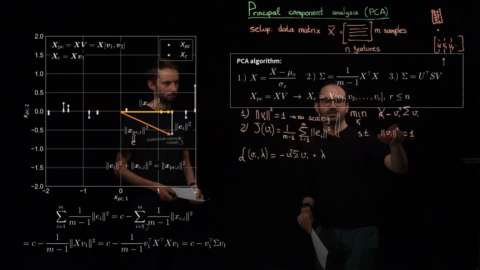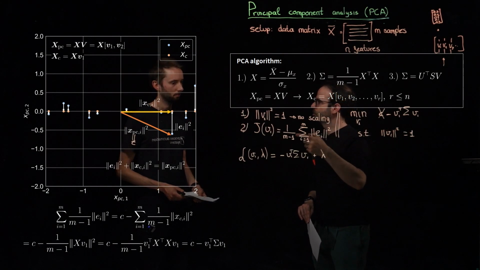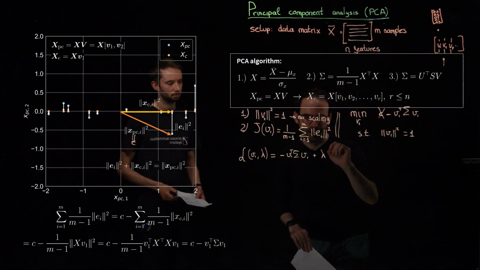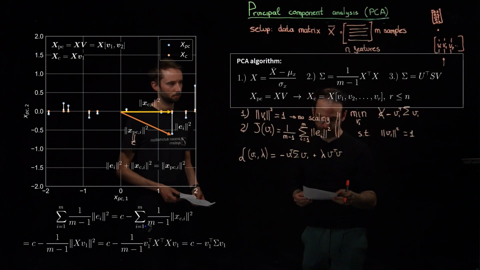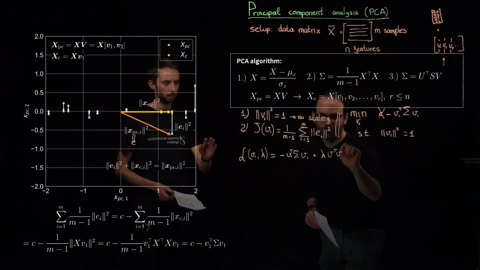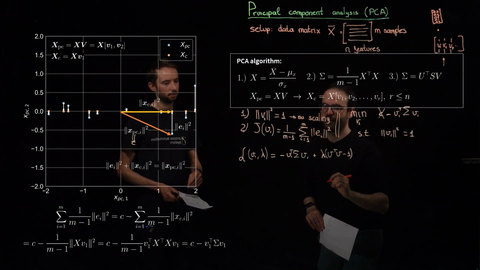We write the constraint in the standard form, so we would have here the -1 at the other side, and we can write the norm as a scalar product, V transpose V. Right, so this is the Lagrangian, and the constraint.